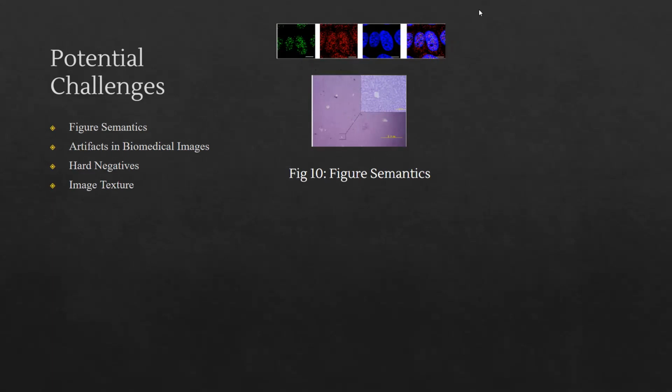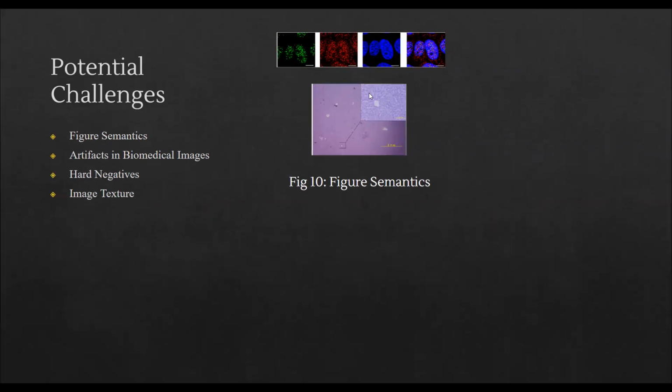If we look at this image, they have different colors from different levels of image preprocessing, and then they are combined into one, which can look like some manipulation was done, but it was not.